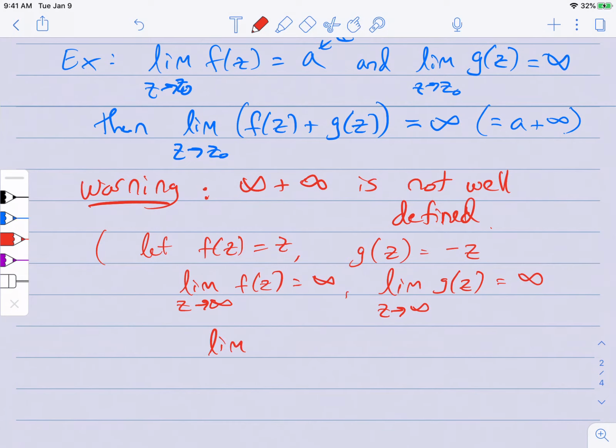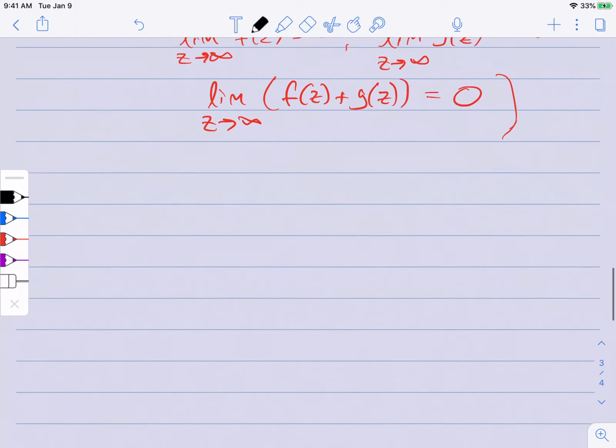But if you look at the limit of f of z plus g of z as z goes to infinity, that's 0. Why? Well, because f plus g is just 0. So it's a constant function. And so examples like this show you that there's no way to make sense of infinity plus infinity in a way which still obeys the limit rules that we want. Okay.